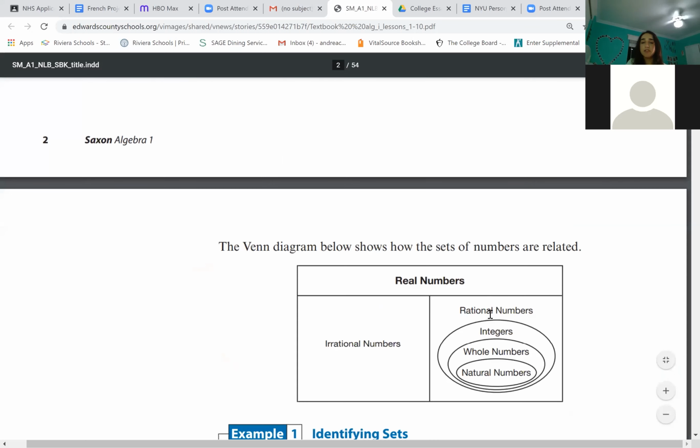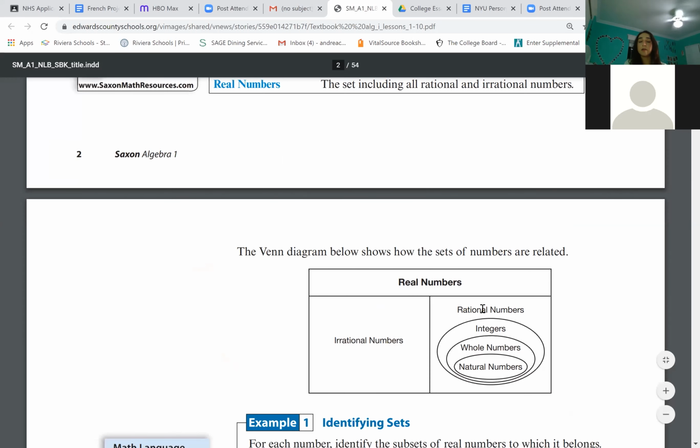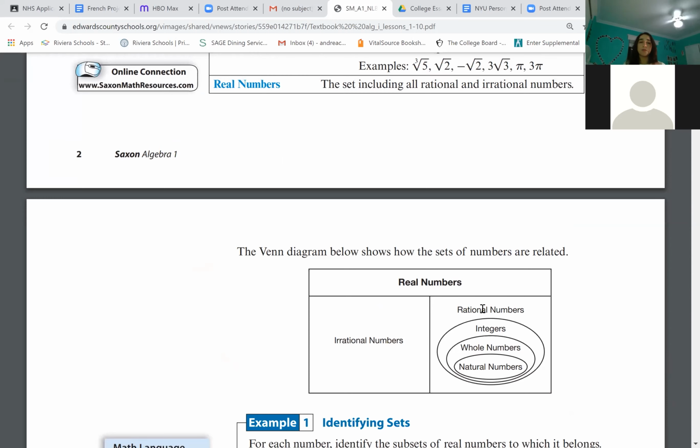If you have a rational number, in most cases, it's also an integer, a whole number, and a natural number. Money is a different issue because money can't be negative. So if you have a rational number, it's also all the stuff in the little circles. And if you have an integer, it's the stuff inside the integer bubble too.